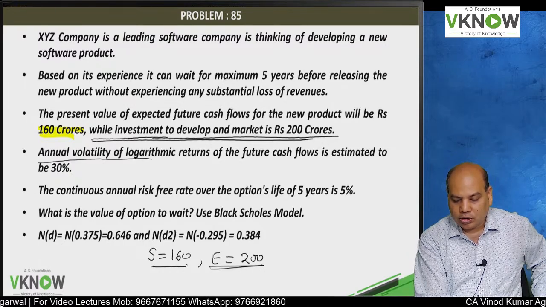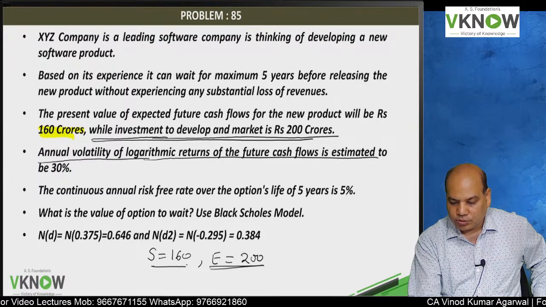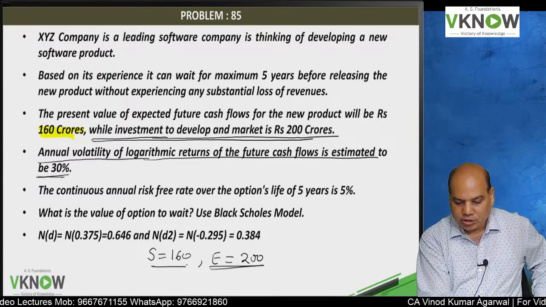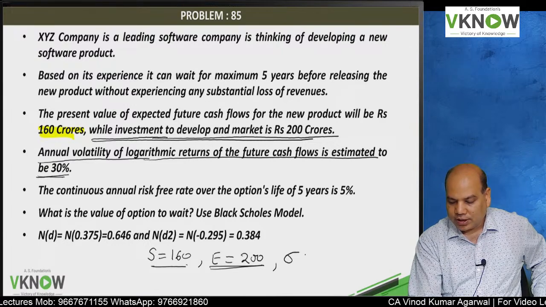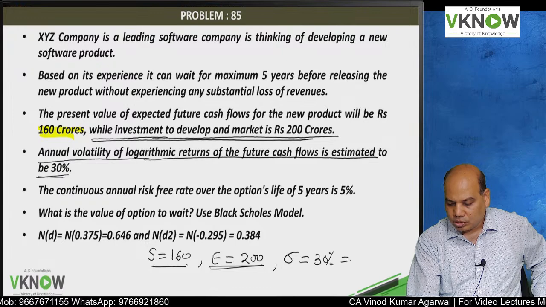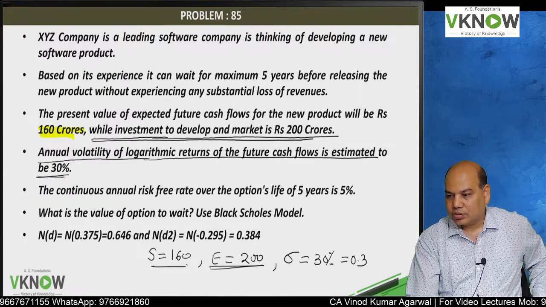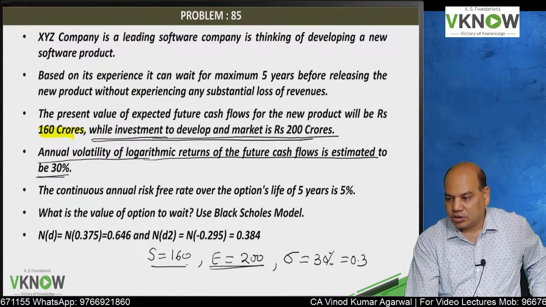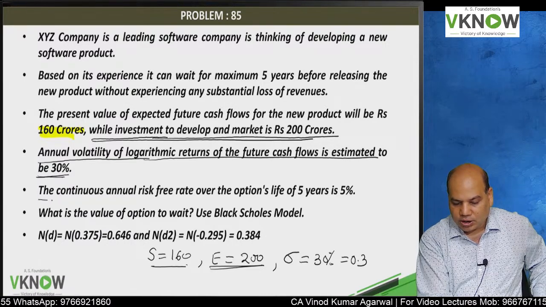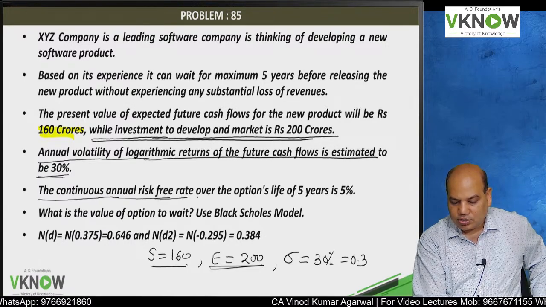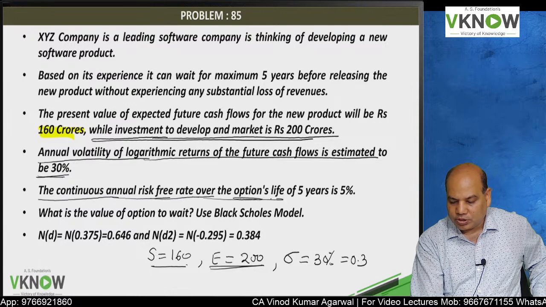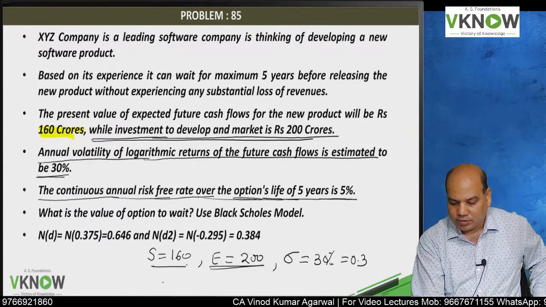Annual volatility of the logarithmic return of the future cash flow is estimated to be 30%. Standard deviation is 30% or 0.3. The continuous annual risk-free rate over the option's life of 5 years is 5%.